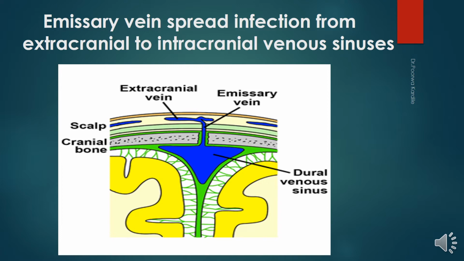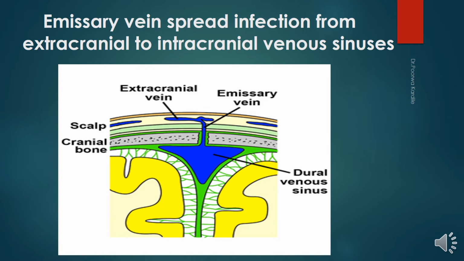Then the ophthalmic vein connects supraorbital and supratrochlear veins with cavernous sinus. Third site is parietal emissary veins. They connect veins of scalp with superior sagittal sinus. Then the mastoid vein connects posterior auricular vein with transverse sinus.